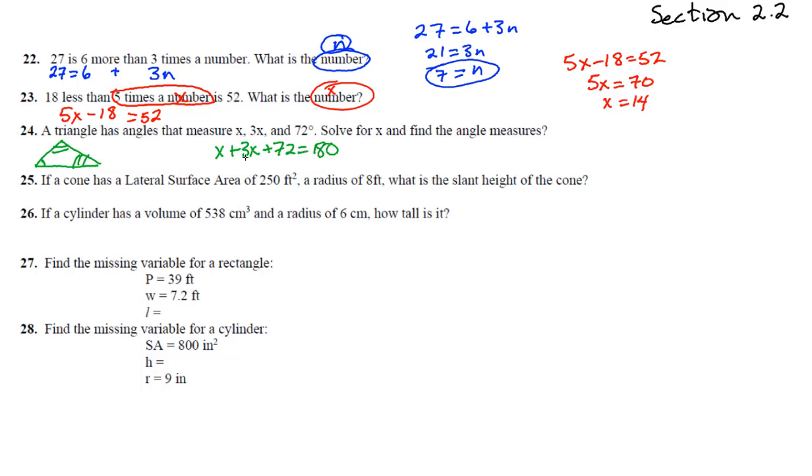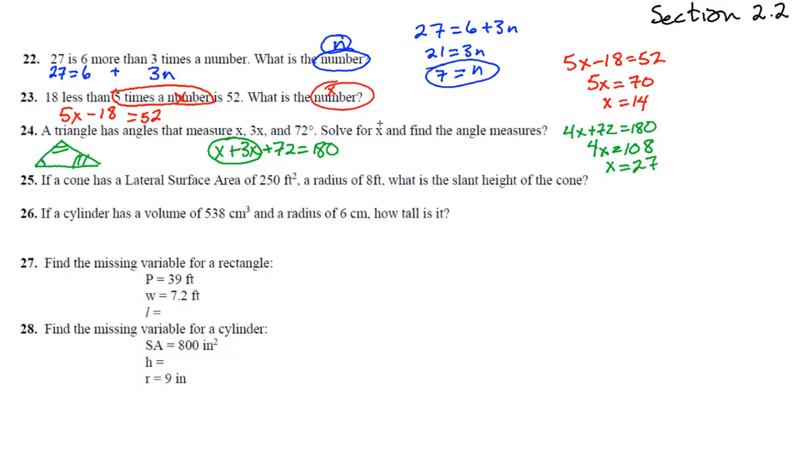Let's write it over here. We can combine these two together and make it a little bit nicer, and we get 4x plus 72 equals 180. If we subtract 72 from both sides, we get 4x equals 108. And divide both sides by 4, we get x equals 27.